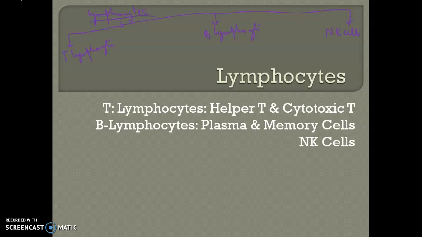Now the T cells can be of 2 types. We can have helper T lymphocytes, and we can have cytotoxic T lymphocytes. Okay. The B lymphocytes can be of 2 types.